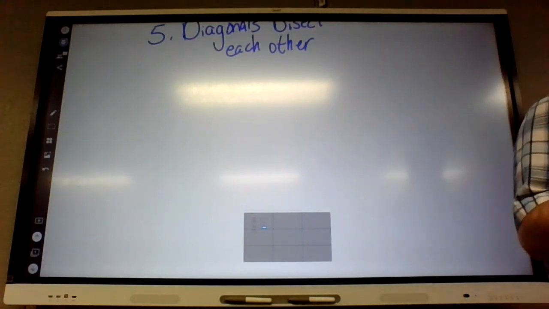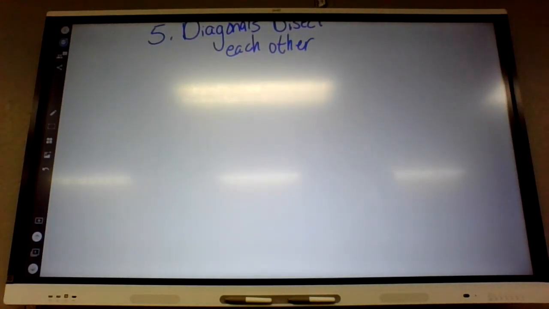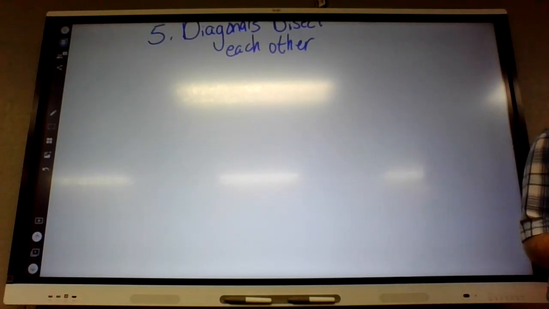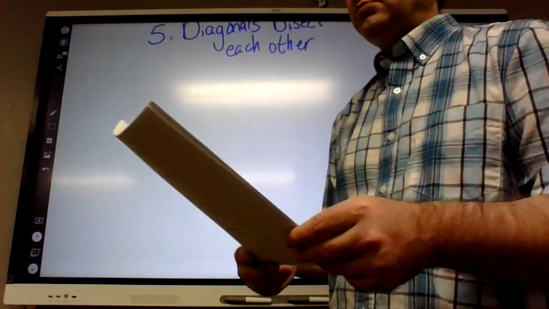Okay, number 9, the diagonal KM is 23.4. How could we find YM? Divide by 2, or times a half. 11.7.